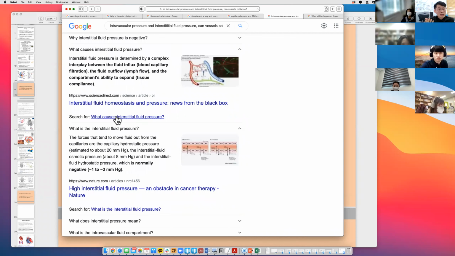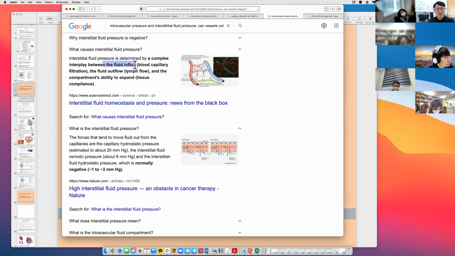So even measuring the interstitial pressure, we can consider it a biomarker of whether our treatment is doing well or not.